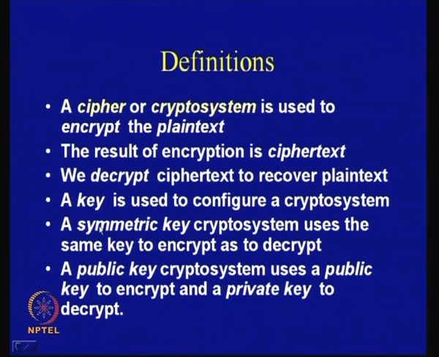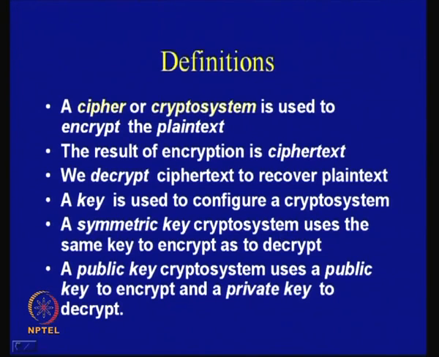So, there are two very broad categories of ciphers. One of them is called symmetric key crypto systems, where the encryptor and the decryptor, that is the sender and the receiver, use the same piece of key. Okay, the key is the same. That means that if you need to communicate using a symmetric key crypto system, then it is imperative that both the sender and the receiver share the keying material beforehand.